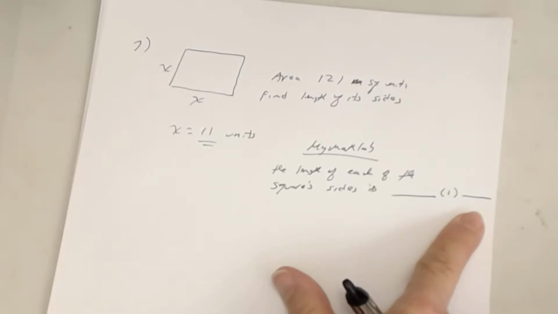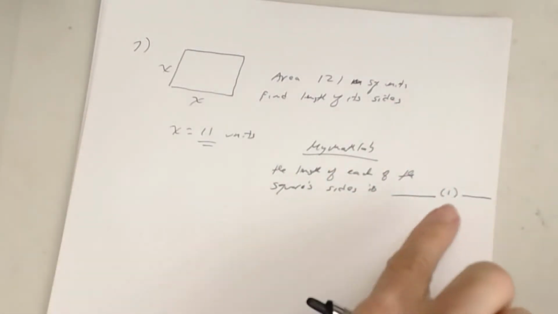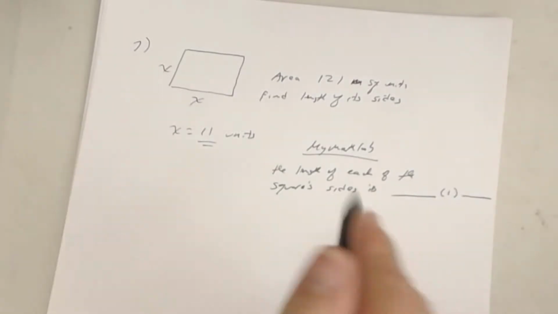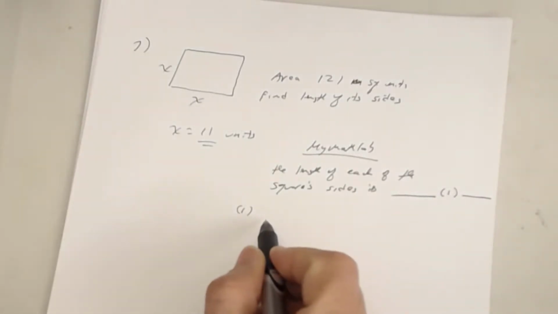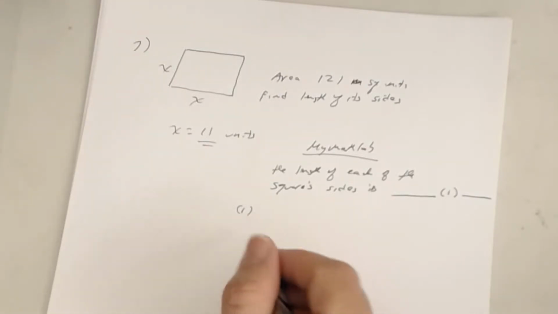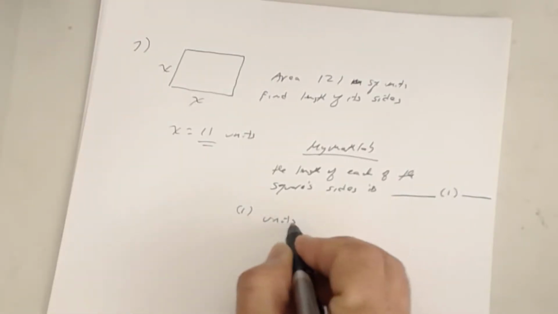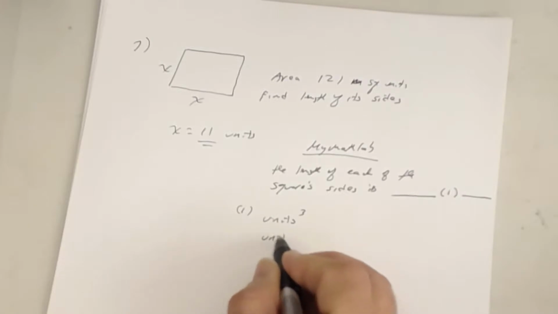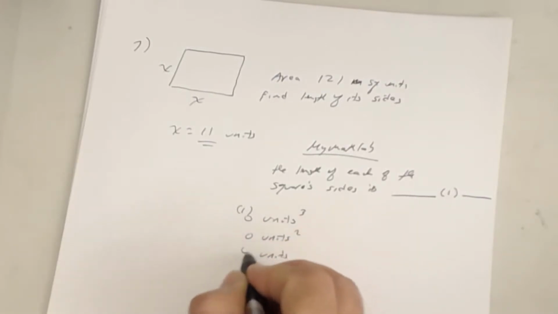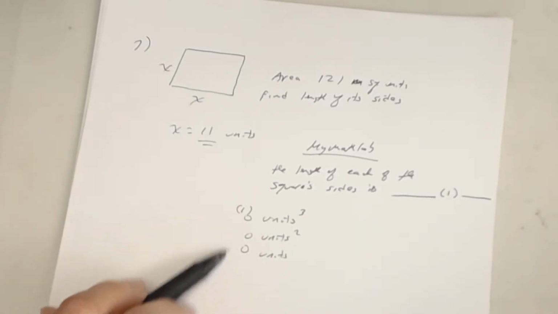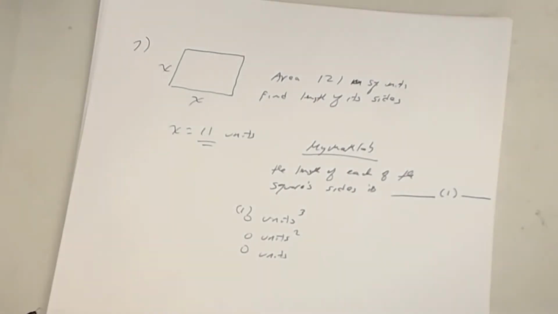Okay? So on my math lab, this one right here, when you look at it, it's going to have some choices. You'll have one here, and it'll have something like units cubed, units square, and then units with little ovals here. So which oval are you going to choose? Units.